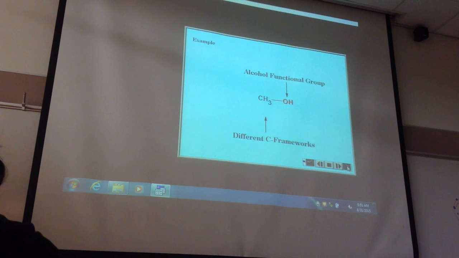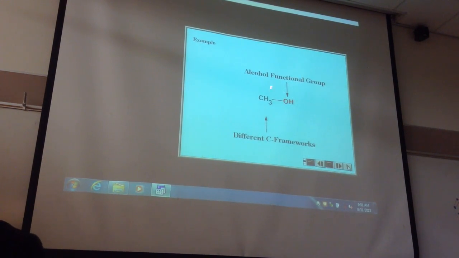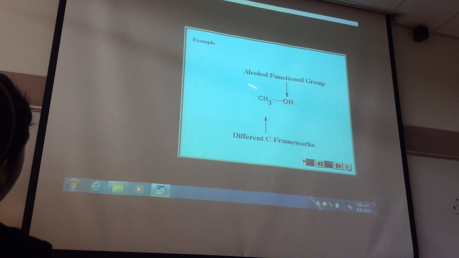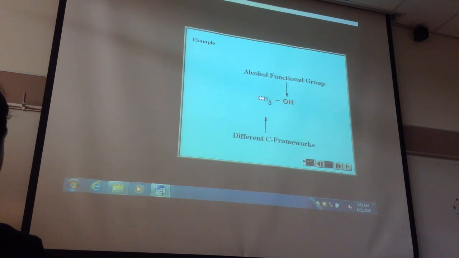So they start you out with the different framework. So anytime you remove the hydrogen from methane, this is the functional group, or you can attach it to a big chain. So that's one example. See that they're changing.